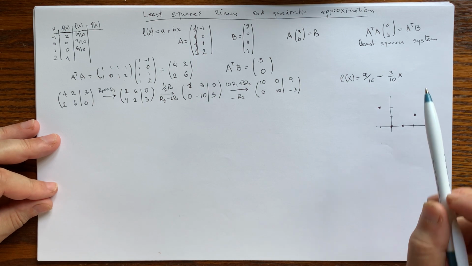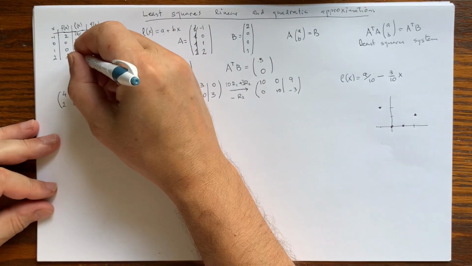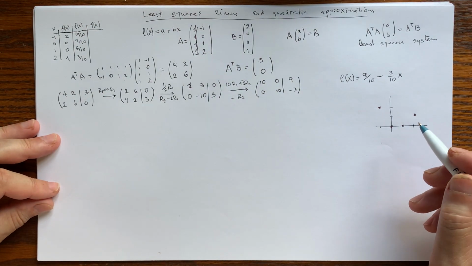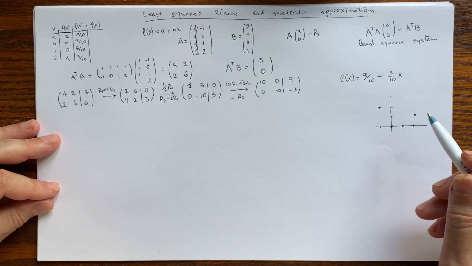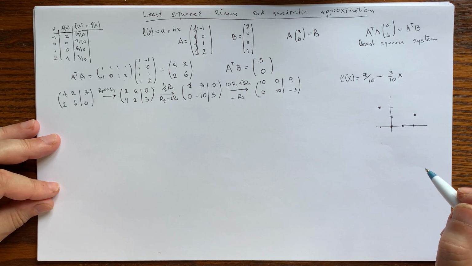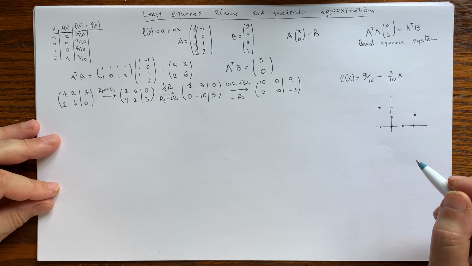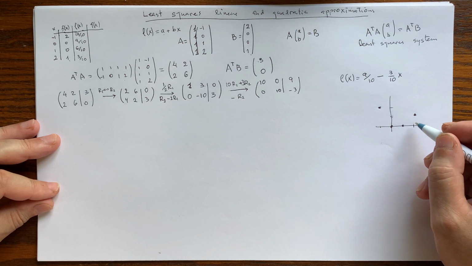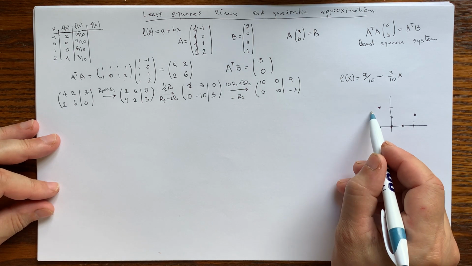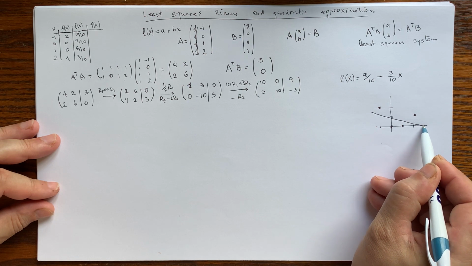And then at 2 we have 3 over 10. Linear dependent. And we can look at, say, 9 over 10 here, which is really close to 1, and then 3 over 10, the value at this x value, so that will be line going like that.